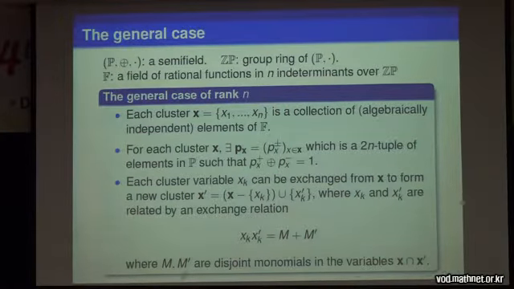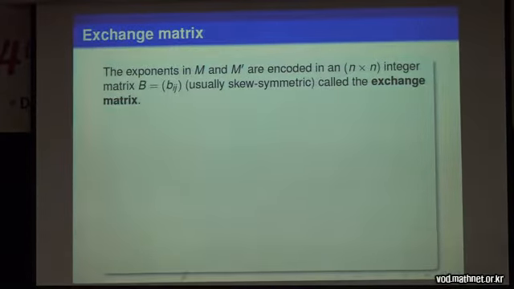Here we can also give more detail about this definition. The two monomials have exponents that can be encoded in some square integer matrix.